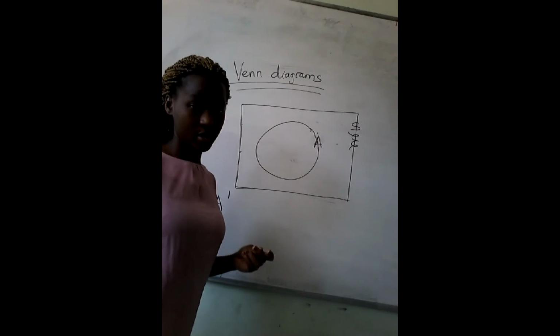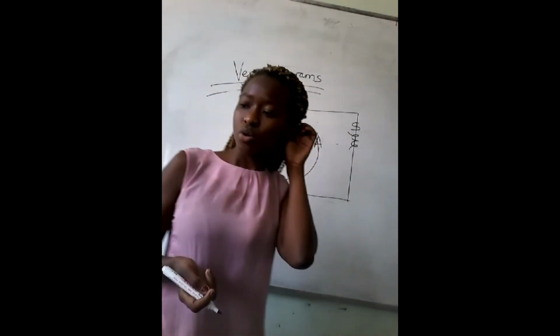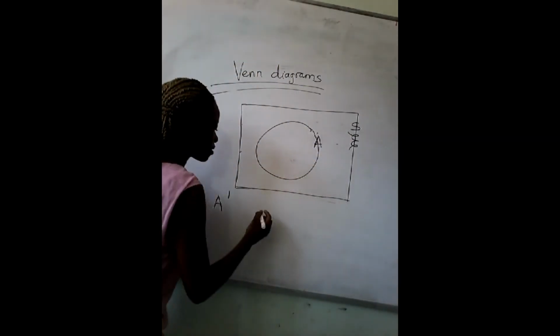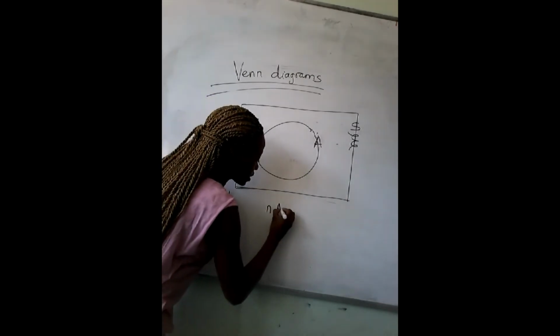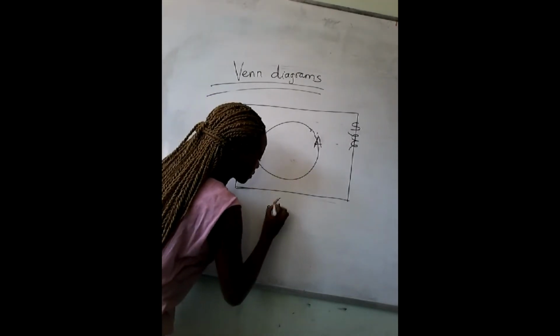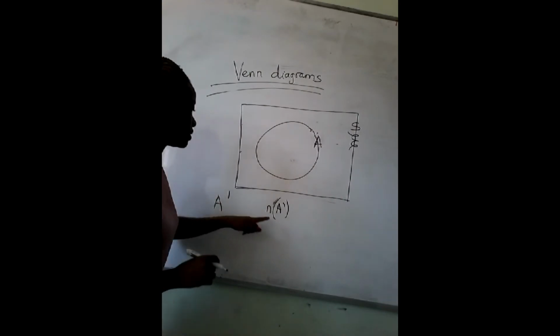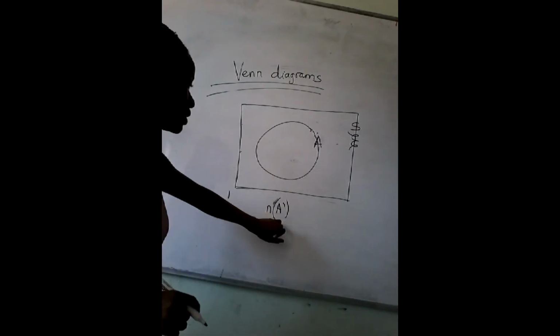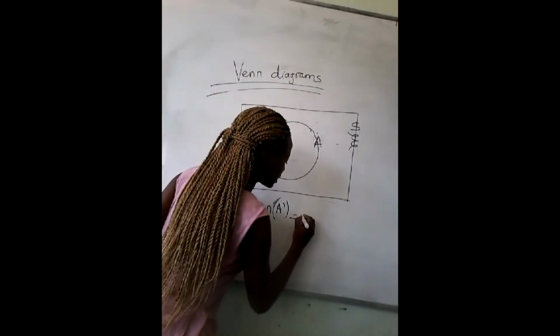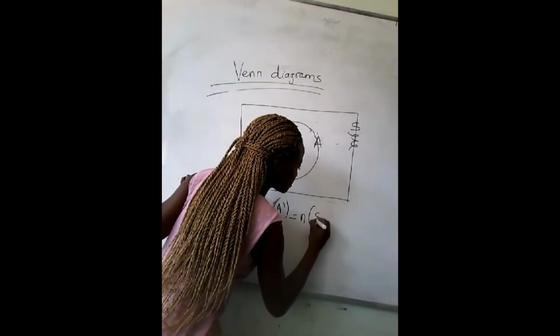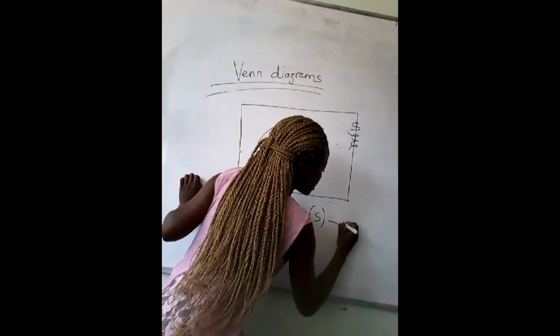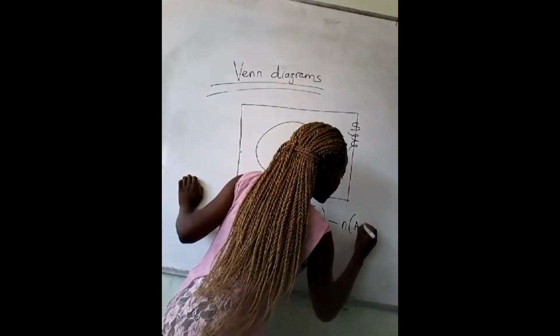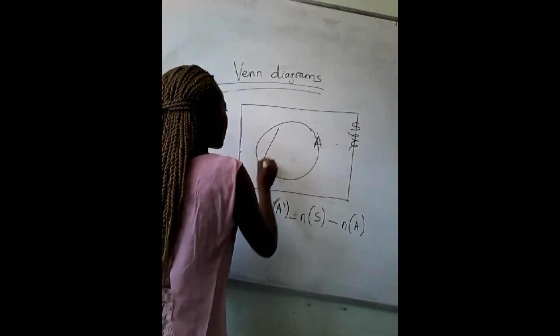Complementary of A, right? So for us to obtain the number of outcomes in complementary A, you are going to say the number of outcomes in the possibility space minus the number of outcomes in A. So this is our A, right?